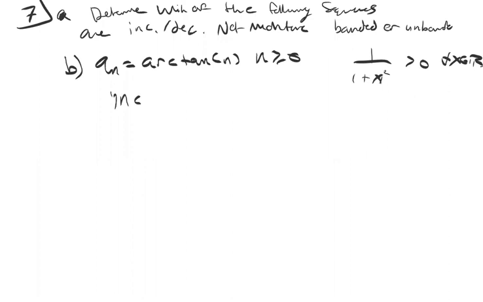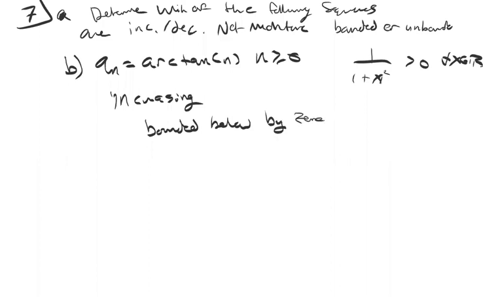So that's increasing. And since it's increasing on the window n equals 0 to infinity, we know that arctan can be no smaller than 0. So it's bounded below by 0.